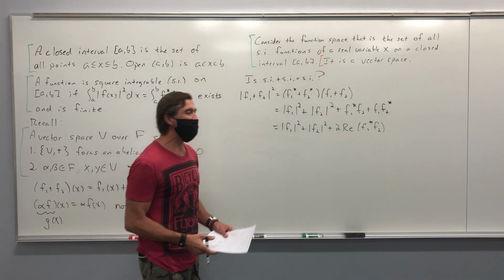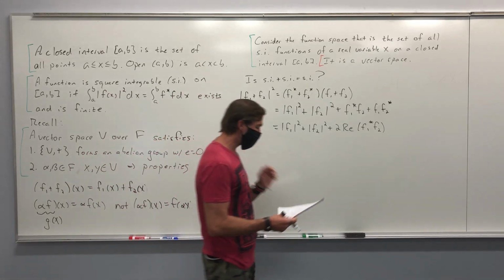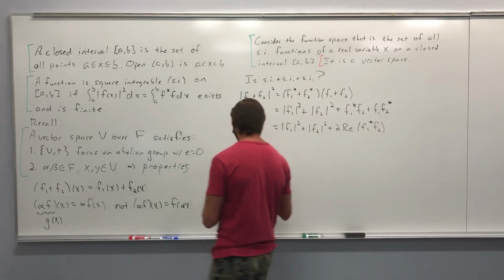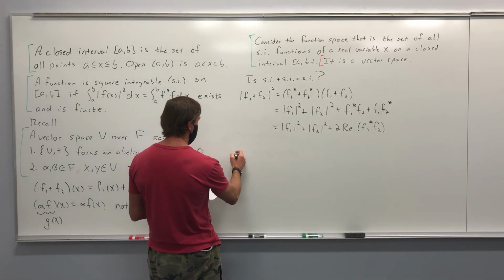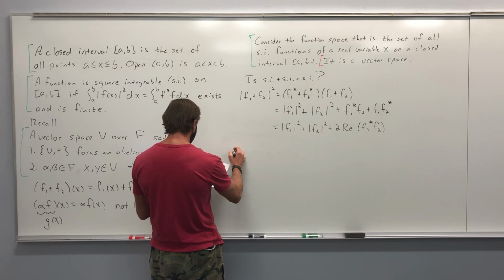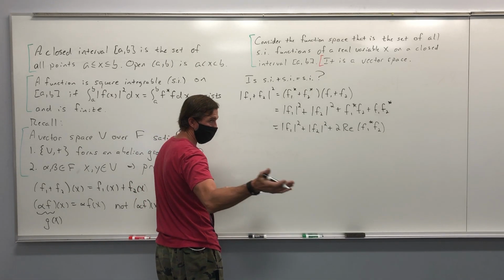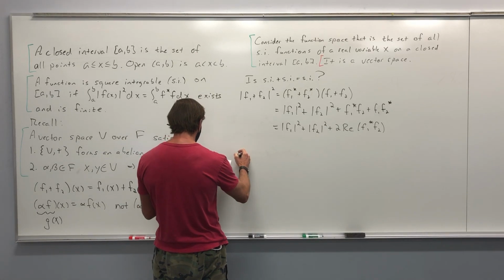I was debating whether or not to show you this, but I'm going to. Let's just imagine for a moment, I'll do it here and then erase it. f1 is a plus ib and f2 is c plus id. They're just complex valued things.